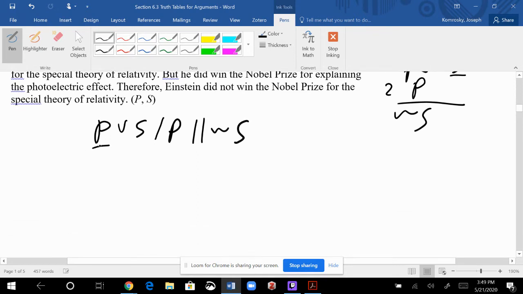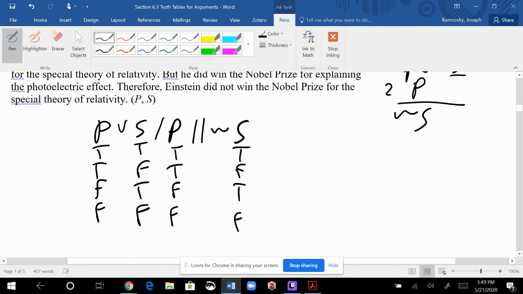2 propositions. True, true, false, false, true, false, true, false, true, true, false, false, S. Oh, yeah. True, false. We're going to solve for this. So disjunction's true when at least one side's true.